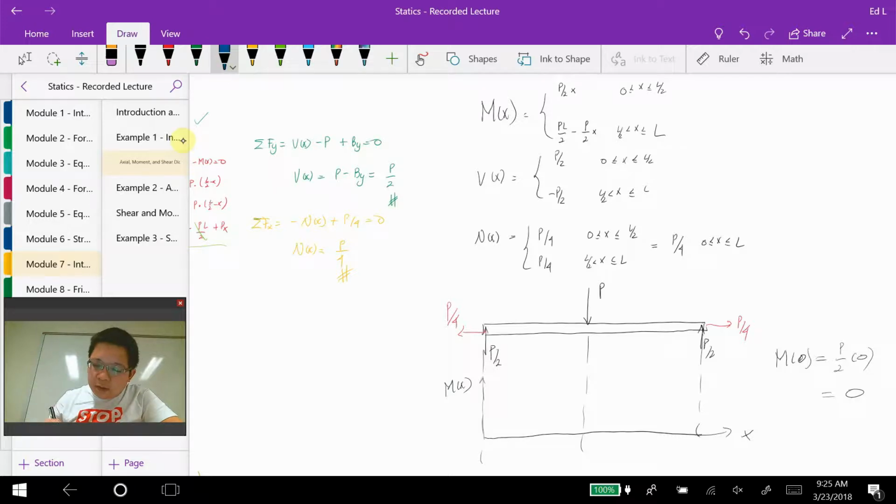So this is it. At x equal to L over 2, this is P over 2 times L over 2, so it's PL over 4. And it's positive, right? And it's a first order polynomial, so it's a linear line, it's a straight line, okay?